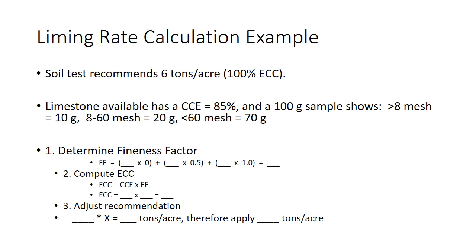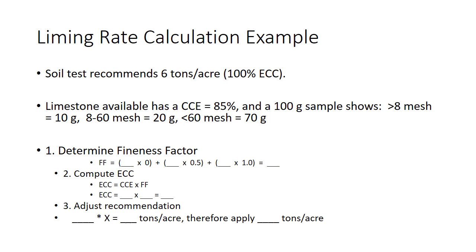All right, now I want you to go ahead and try your hand at this. I set it up for you. So we have a new sample, 85% effective. We have mesh sizes where coarse material was 10 grams, medium was 20, fine was 70.